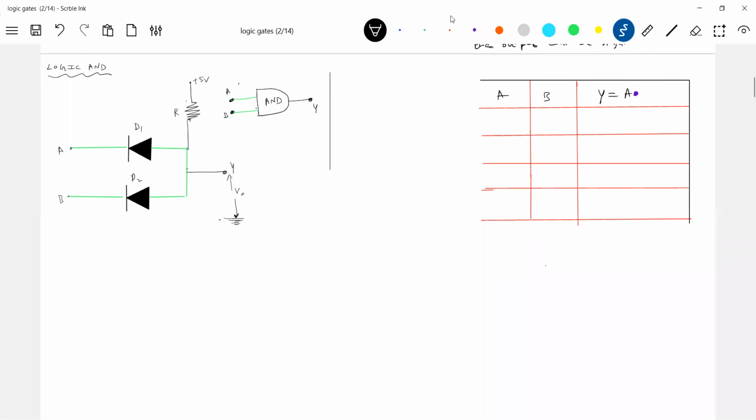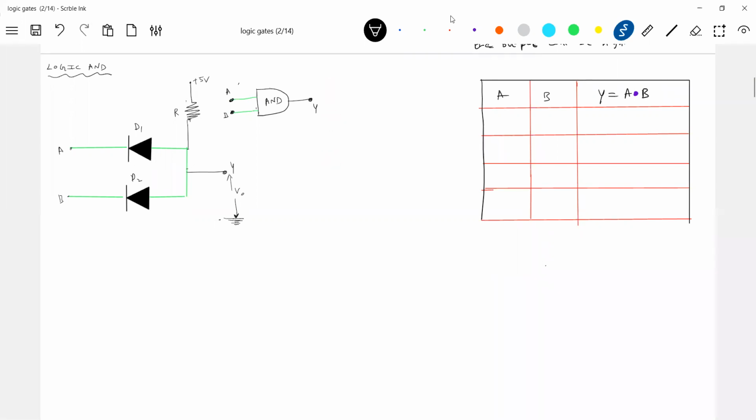A dot B, like in the dot product, similarly here, A dot B. We call A plus B the OR, and here A dot B. What is that A dot B? It's an AND operation. So what does that dot indicate? It's an AND operation.